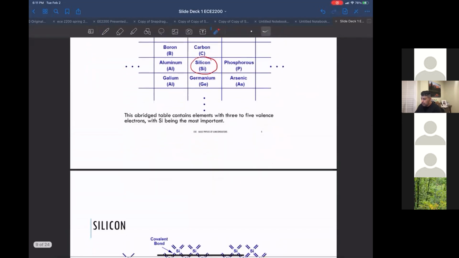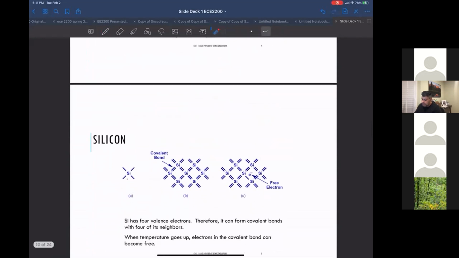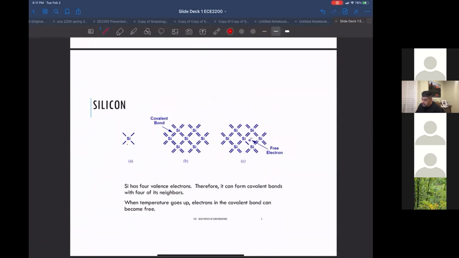Okay, so let's look at what it means for something to be a group 4 element. A group 4 element means that this atom of silicon has 4 valence electrons.